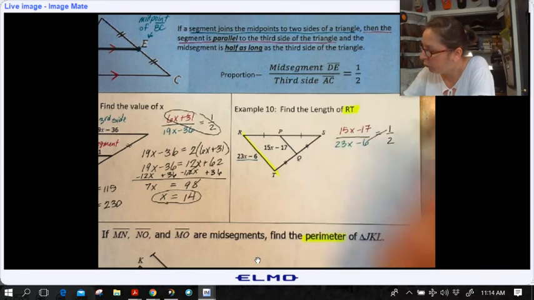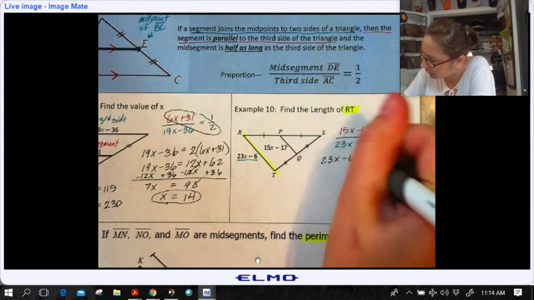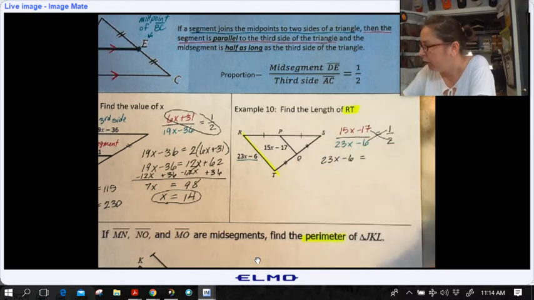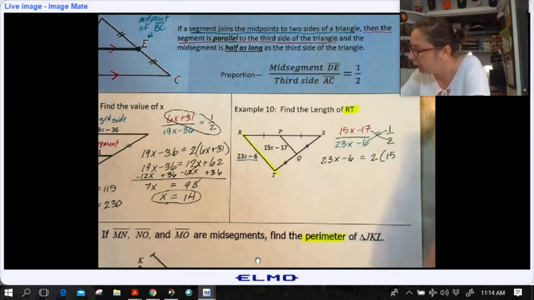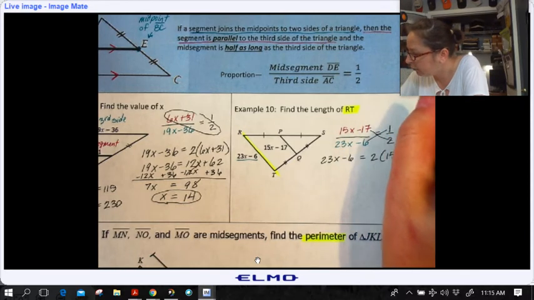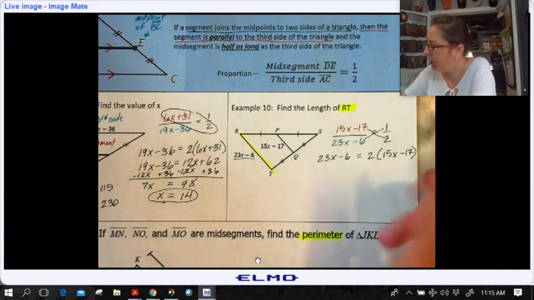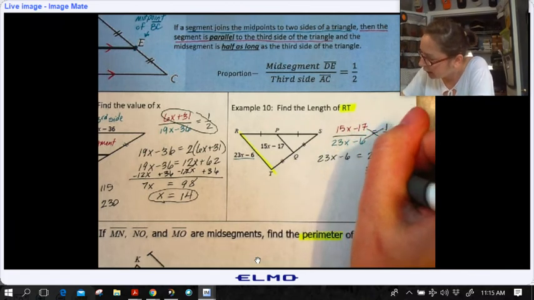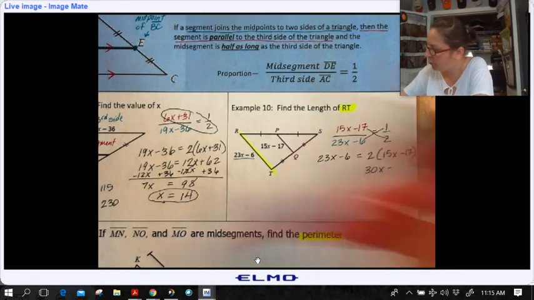So 1 times 23x minus 6, 2 times 15x minus 17. Do my distributive property. 30x minus, let's see, 17 times 2 is 34.